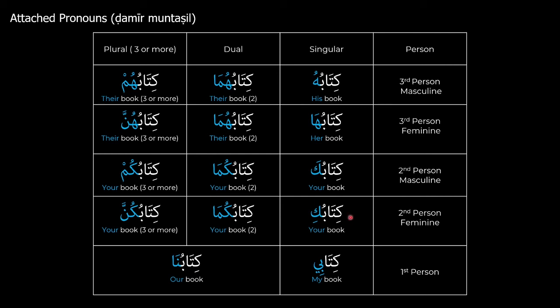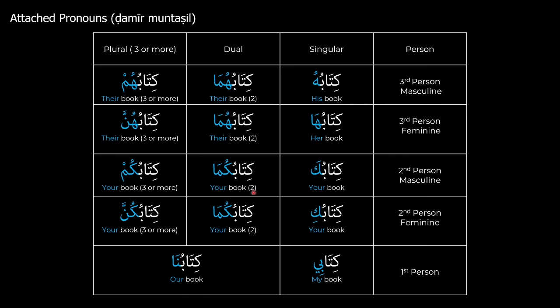And then you have kitabuki, which is second person feminine singular, which also means your book. Then we have kitabukuma, which is second person feminine dual, which means your book when referring to two people. And then we have kitabukunna, which is second person feminine plural, which means your book when referring to three or more people. And then finally, we have kitabi, which is my book, which is first person singular. And then we have kitabuna, which is our book, which is first person plural.